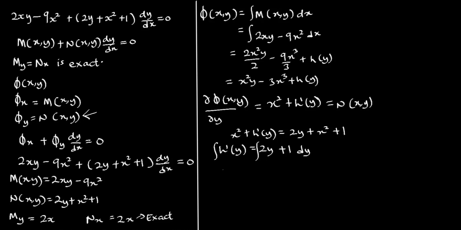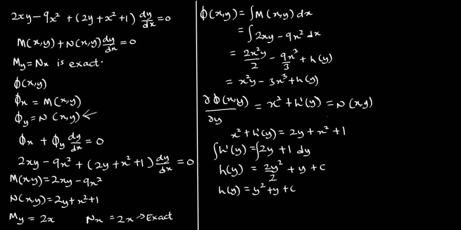When you do the integration, you get h of y equal to the integral of 2y, which is 2y squared over 2, plus the integral of 1, which is y. Then you bring in the constant of integration c. So h of y is equal to y squared plus y plus c.